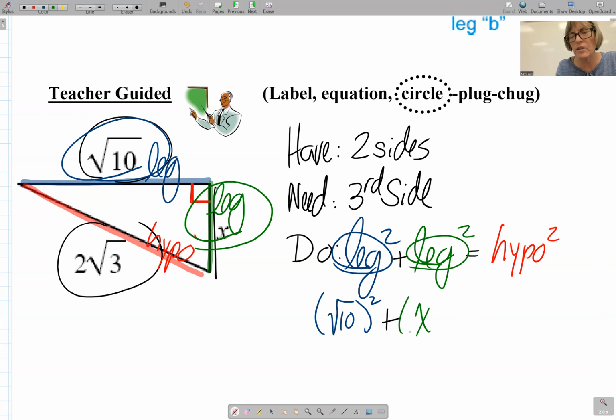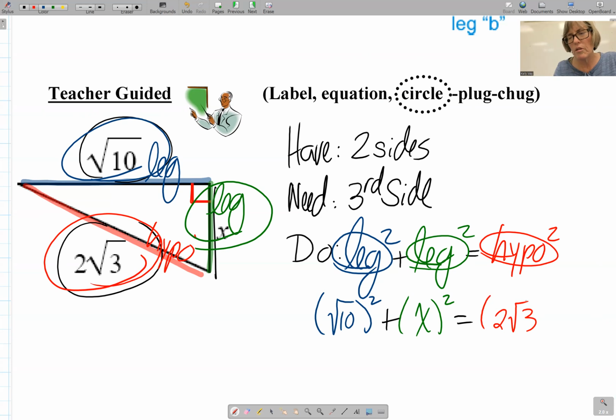This is x. Again, don't drop the square. Circle, circle, 2 root 3 parentheses squared. Equation, label, circle, plug, chug.